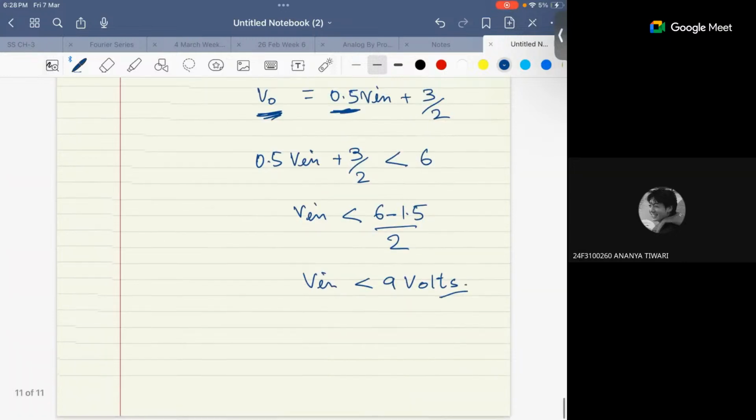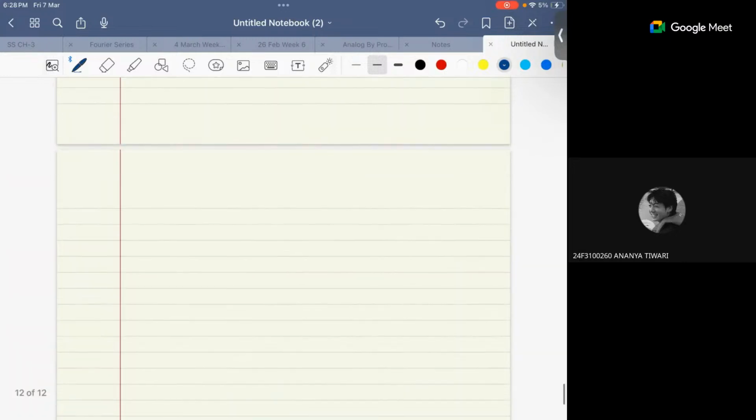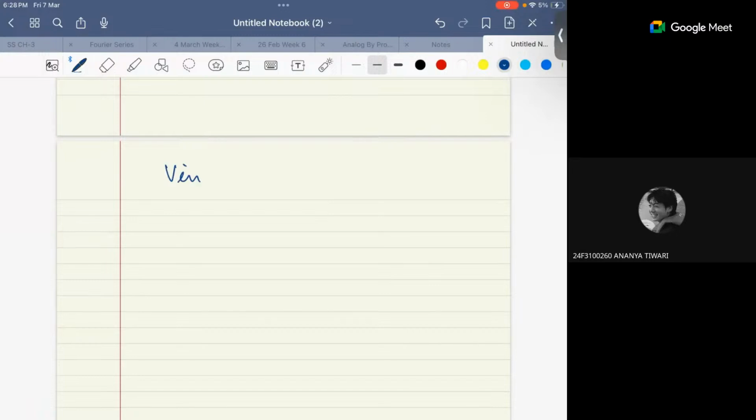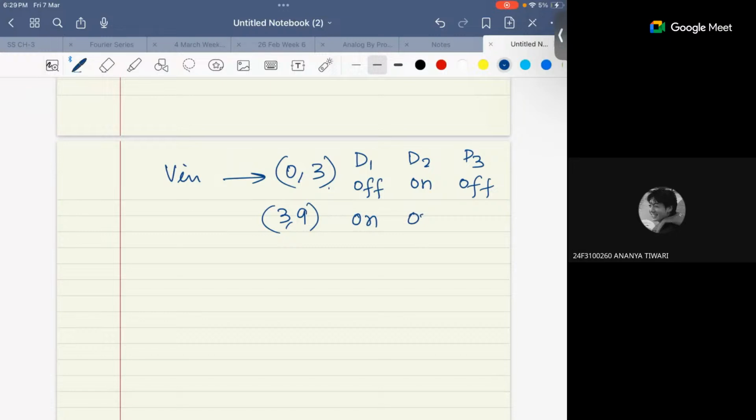As V input was from 0 to 3, D1 was off in the starting, D2 was on, and D3 was off. Now it has crossed 3 volt, so from 3 to 9, D1 became on, D2 was already on, and D3 was off.